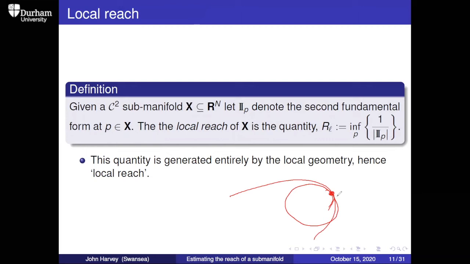Will fit in there and be tangential, and everything works nicely. And the same just works perfectly in higher dimensions. Okay, so you can express the local reach as the reciprocal of the norm of the second fundamental form. And you look over all the points P in your submanifold, and whichever one is most curved, that will define the local reach.